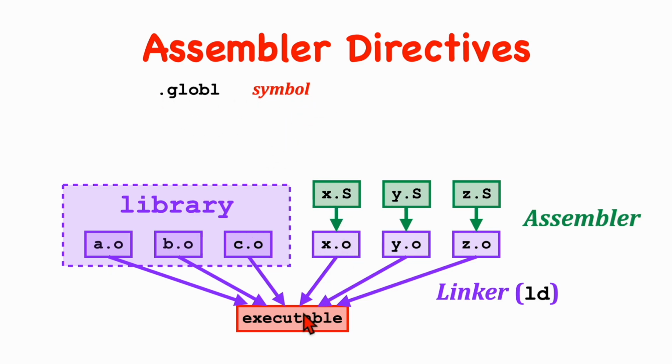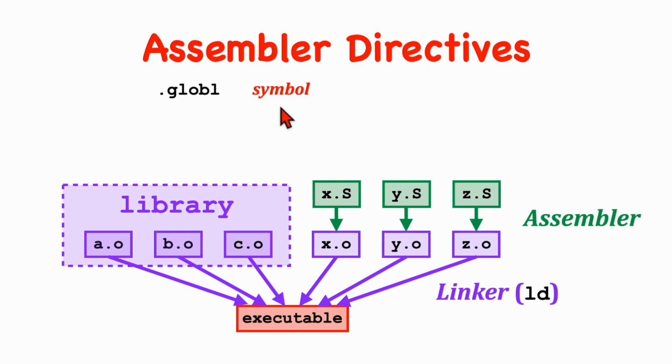And the linker will then give you an error message that a symbol is undefined. So you've either misspelled it or you failed to export it in one of your object files. So maybe you forgot to write the square root function, or maybe you forgot to include a .global assembler directive to export the symbol.